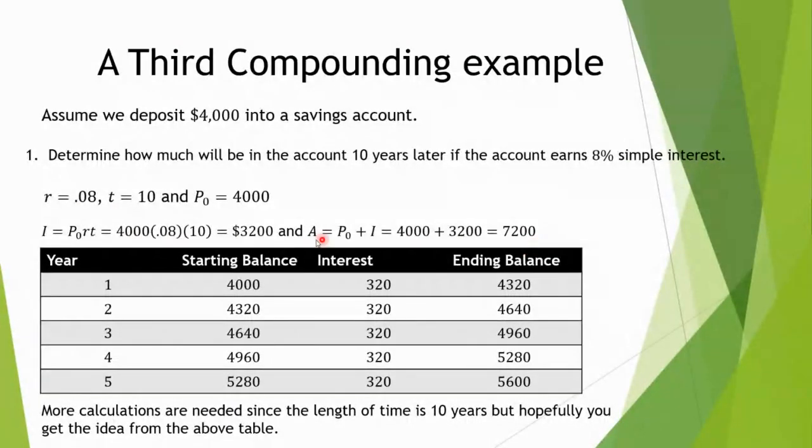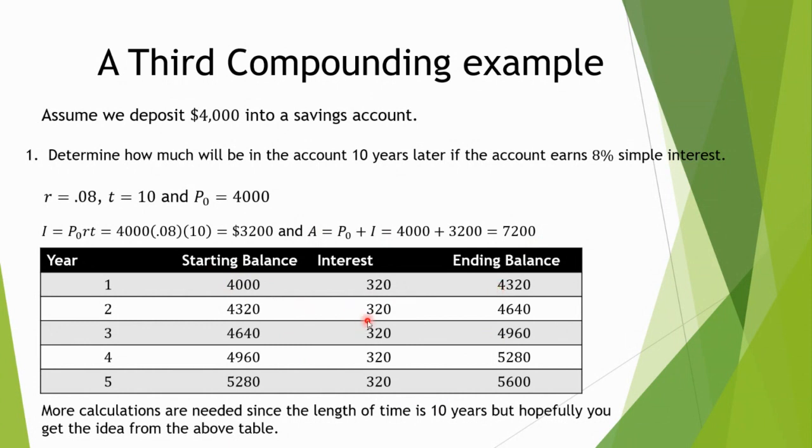I did throw in the calculations, even though it's not the full 10 years, but hopefully you can get the idea. After year 1, you start out with this amount, right? And again, the interest for the whole year is 8% of this, which is 320. You add that on, that's the ending balance. That becomes the new balance for year 2.